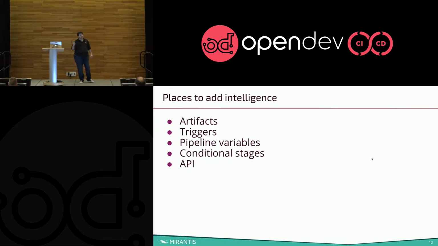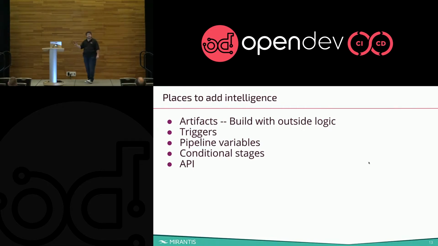We've got artifacts, which I talked about, triggers, pipeline variables, conditional stages, and of course, Spinnaker has an API. So artifacts, if you had some kind of logic built in, you could use that to conditionally build the artifact that then gets deployed.